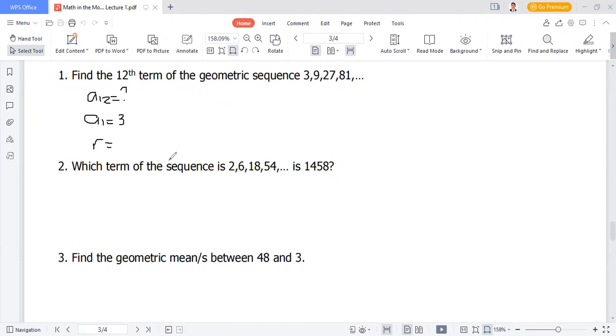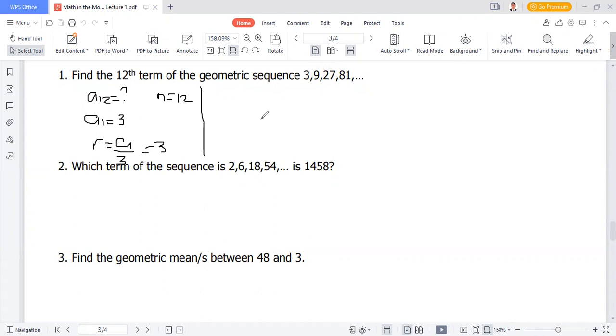Sa tingin nyo. So, paano natin malalaman yung common ratio? So, yun lang. Kukunin nyo yung ratio ng dalawang consecutive terms. So, 9 divided by 3. 9 over 3, and that is 3. So, yan yung common ratio niya. And then, ano yung n? Ang n natin dito, yung subscript 12. Okay? So, meron tayong A1, R, tsaka N.